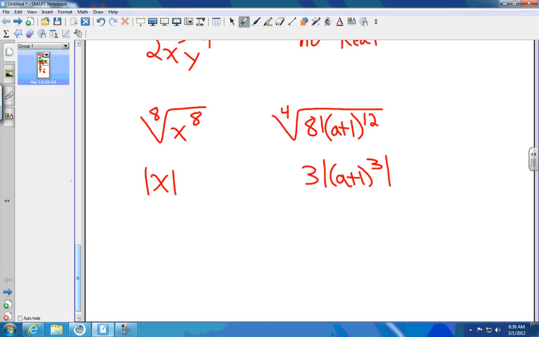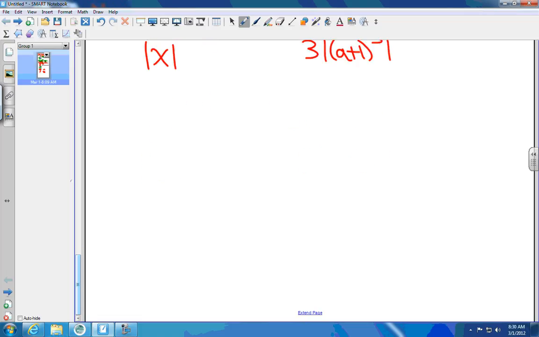Remember the fraction rule. You have the square root of 1/9. What did we do when we had a fraction?